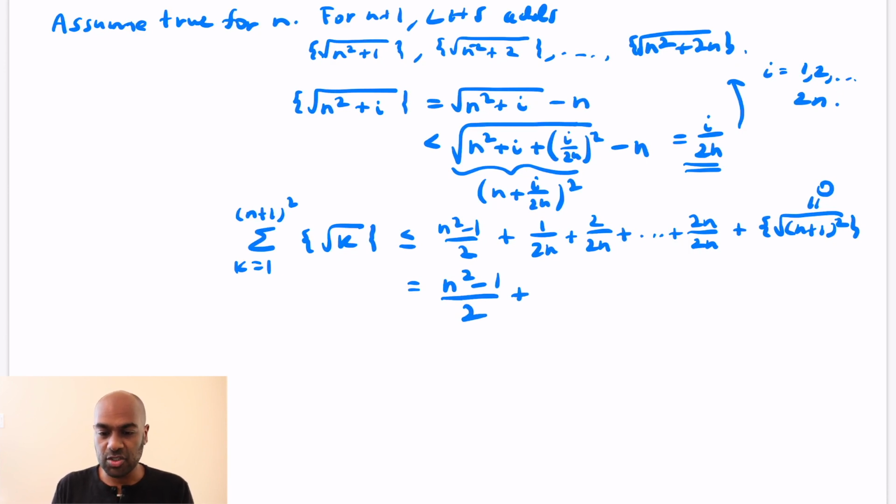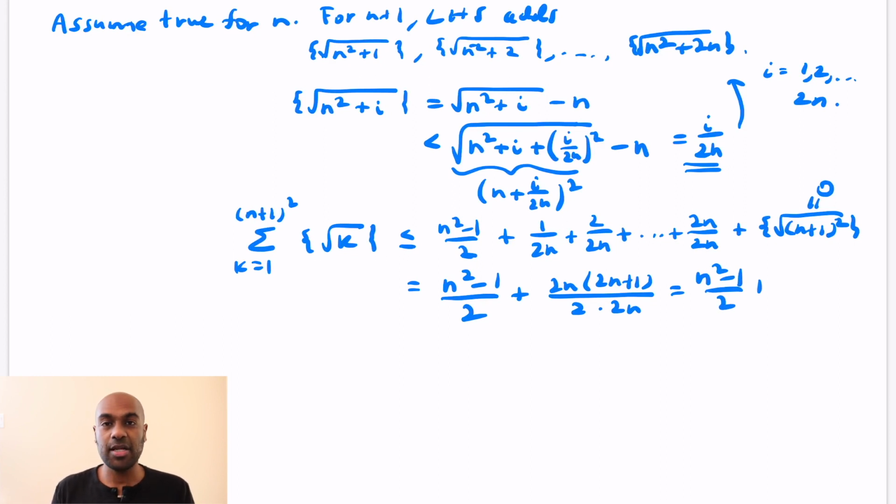So we'll get (n squared minus 1) over 2, and then we have this arithmetic series that we can write in a compact form. We're summing, the numerators are summing from 1 to 2n, so we'll get 2n times one more than that, 2n plus 1, all over 2, and we're dividing by that 2n that we have in the denominator of all these fractions.